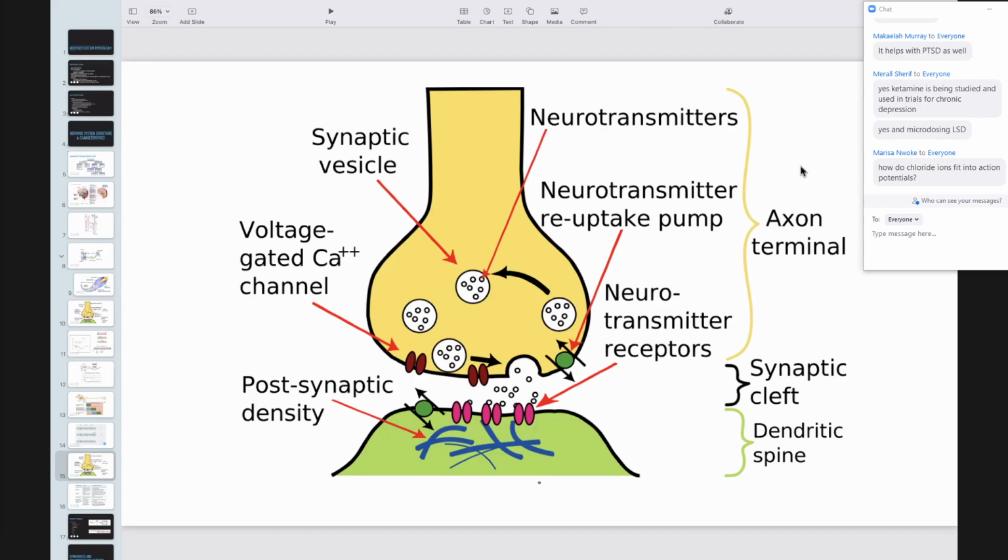How do chloride ions fit into action potentials? So chloride actually does the opposite here. Chloride, well, you will talk about the electrical properties in a couple slides. For the purpose of the MCAT, you don't need to know too much about what chloride does. Sometimes we do have chloride that sneaks in, but it's really just to balance out charges, because as you can see, we have a ton of positive charges in here.